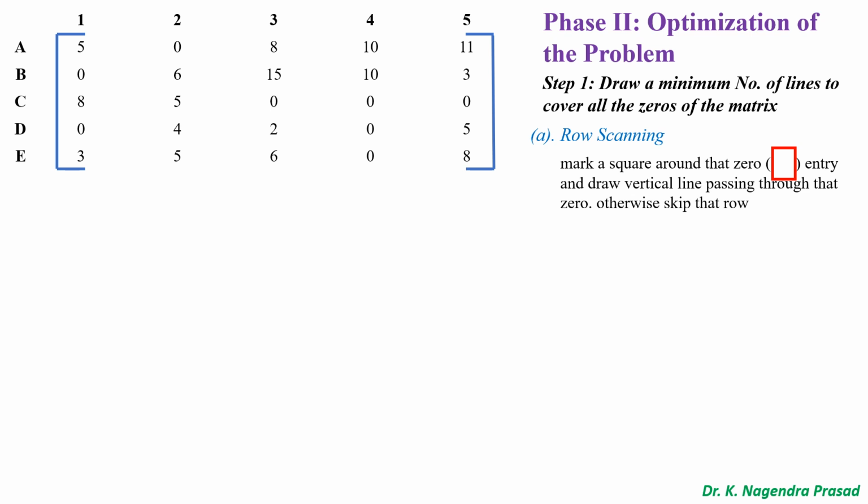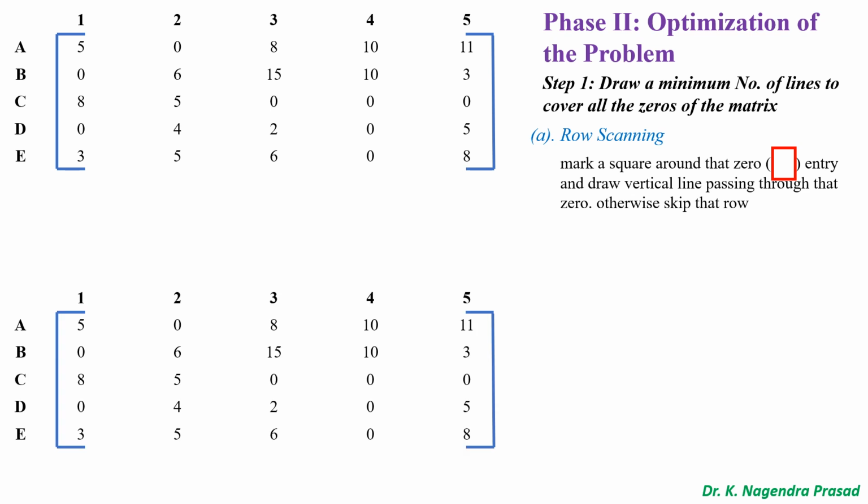Otherwise, skip that row. In the first row, there is exactly one zero. Then mark a square around that zero and draw a vertical line. In the second row, there is exactly one zero. Then mark a square around that zero and draw a vertical line.